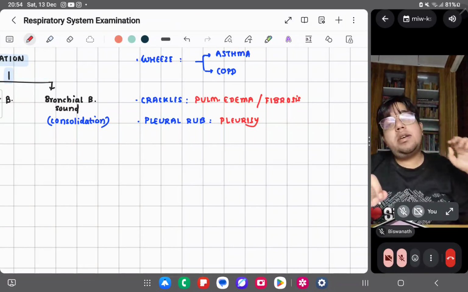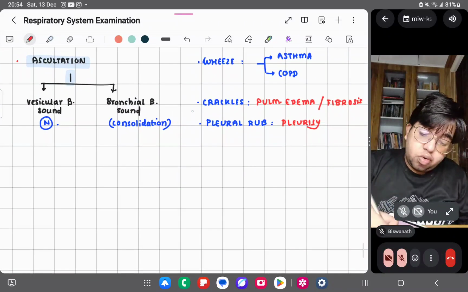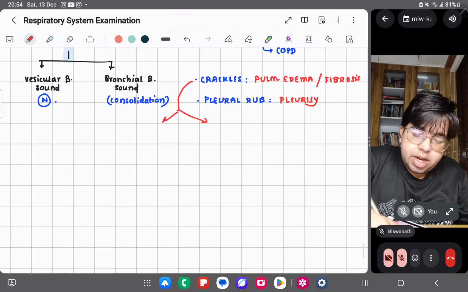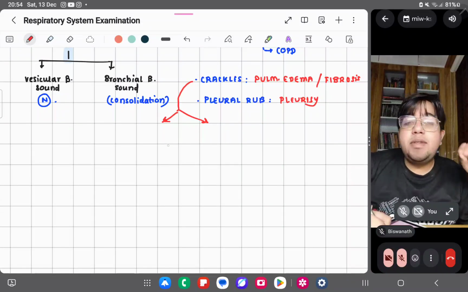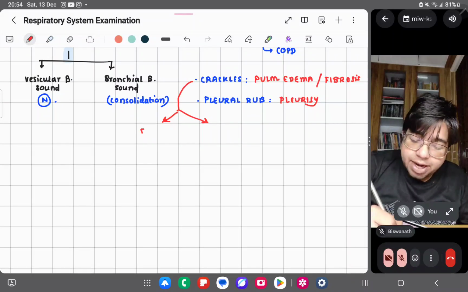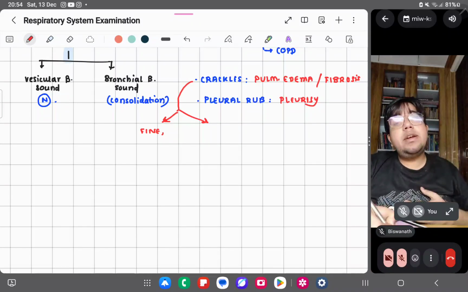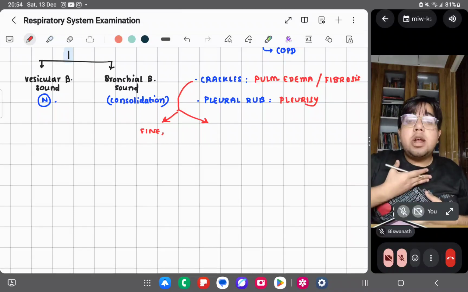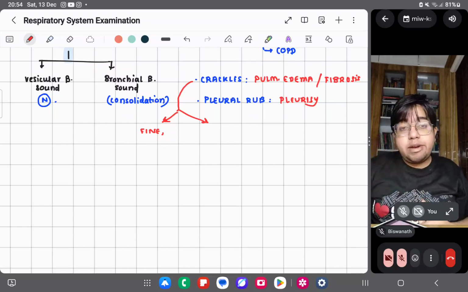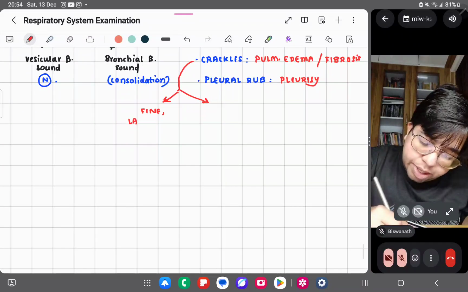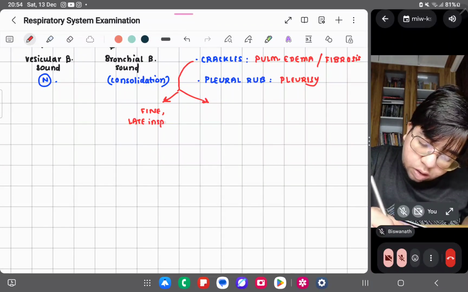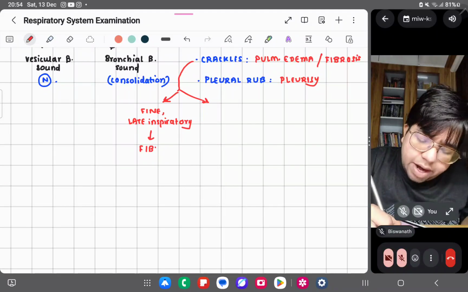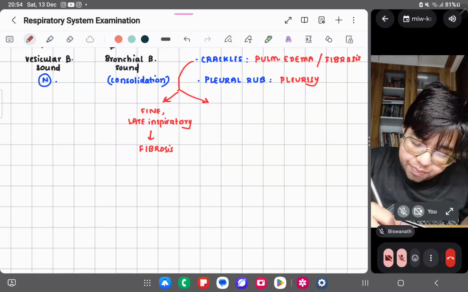Crackles can be divided into two again. This is a big topic, respiratory medicine, but I'm talking from a clinical point of view. If the crackles are fine and occurring when the person is inhaling, in the terminal stage, the late inspiratory crackles, fine and late inspiratory, this will indicate a definite kind of fibrosis present in the lung.